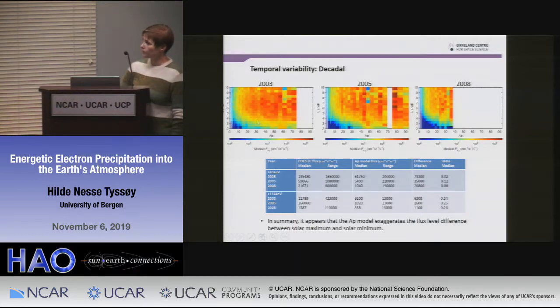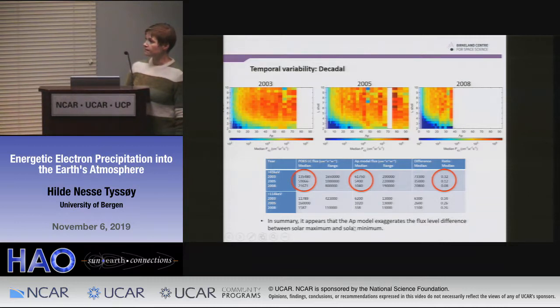But what we notice when you take daily values and look at the total amount of fluxes throughout the years is that in 2003 the AP model captured about 30% of the fluxes that we estimated from the loss cone method, while in 2008 it captured 10%.